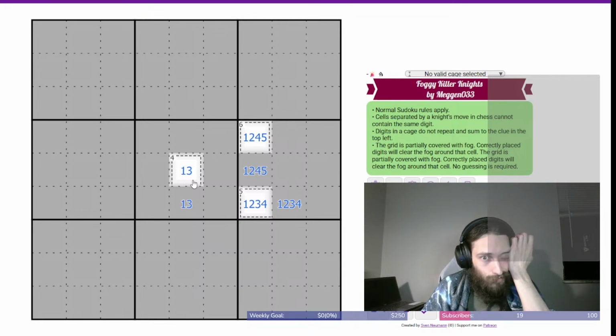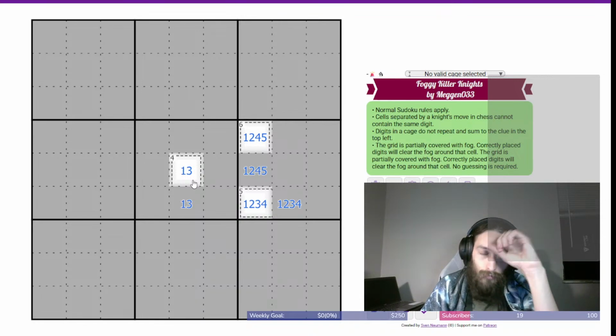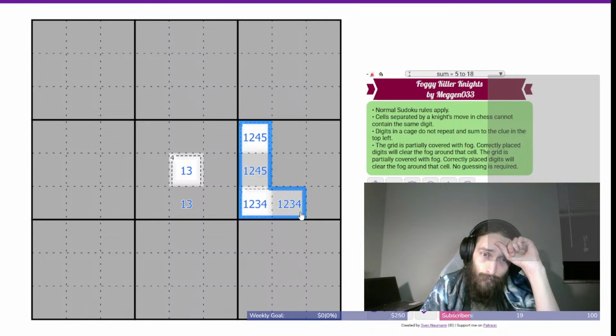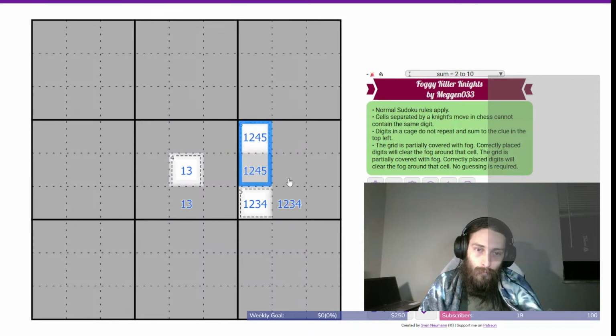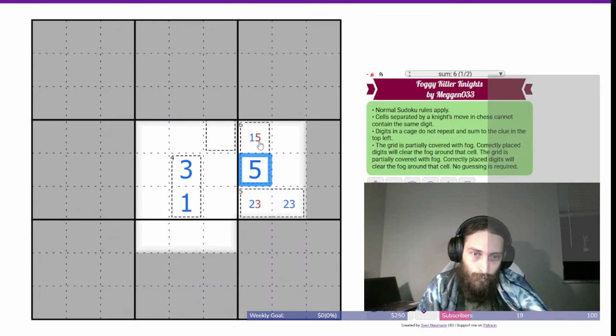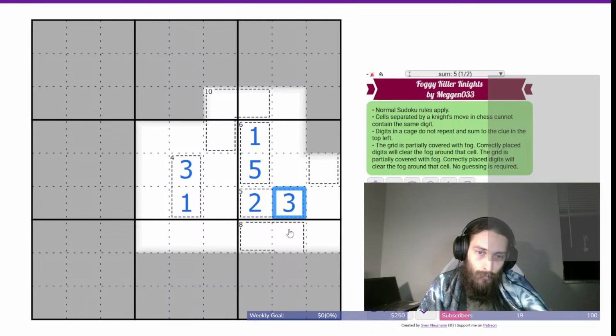Well, and when 6 and 5 are in the same box, you cannot use 2, 4 for the 6 because it will break the 5. So this can still have a 1 in it.